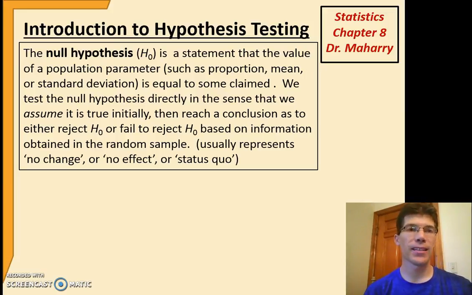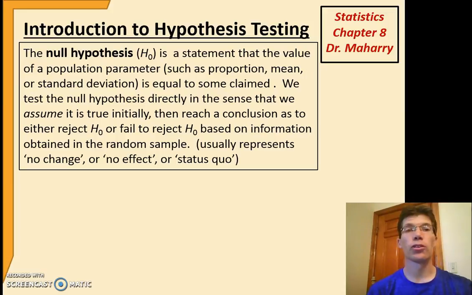We start by saying the mean is equal to 10 or the proportion equals 0.5. We start somewhere in the null hypothesis and assume that is true. And we'll continue to assume that is true until we have significant or strong data that contradicts that claim. And so we're either going to reject H0 or fail to reject H0 based on the information in the sample.